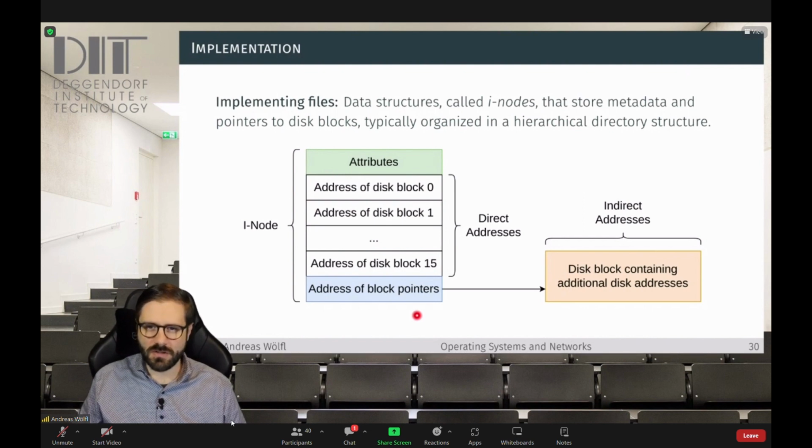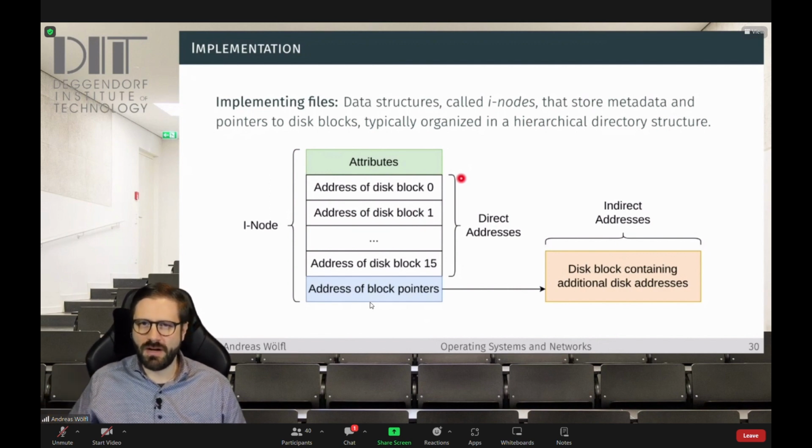It's a data structure where we have the disk addresses of the contents of a file. So basically, you see an inode illustrated here. An inode always begins with the attributes. An attribute can be like the name of a file, the total size of the file, the permissions of the file.